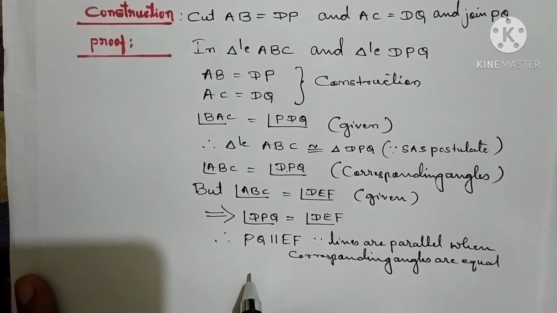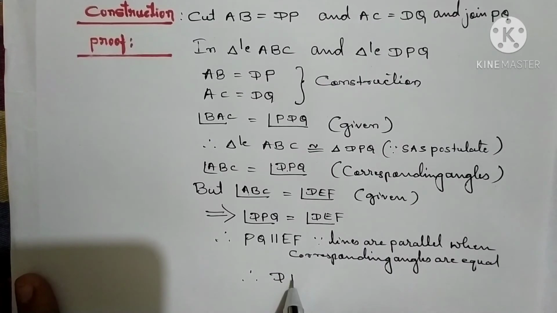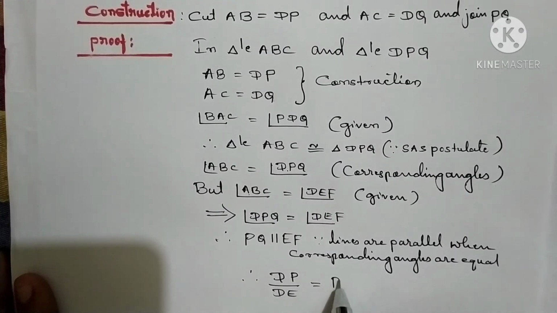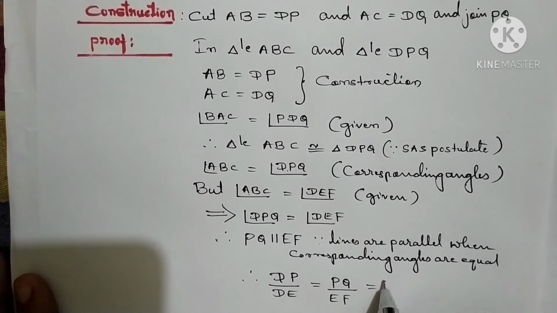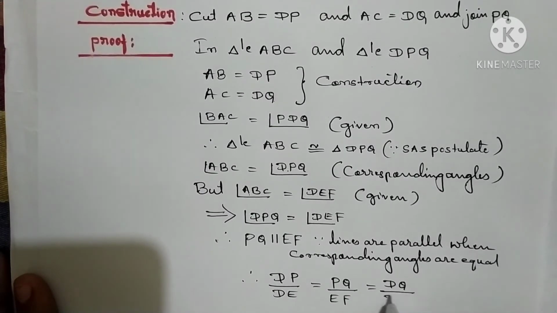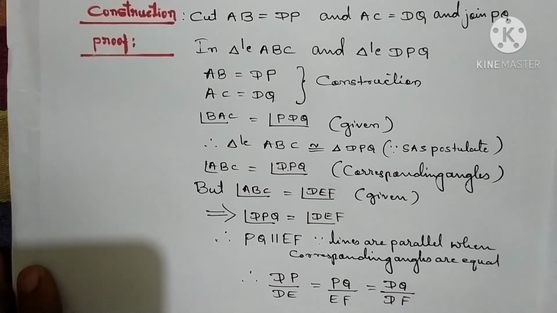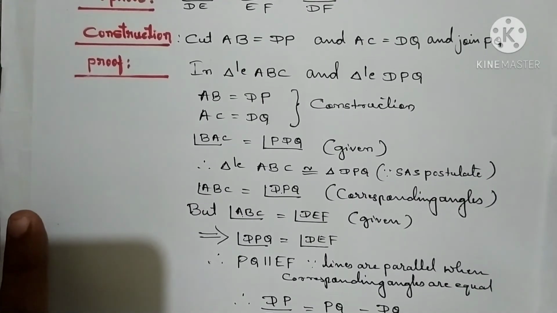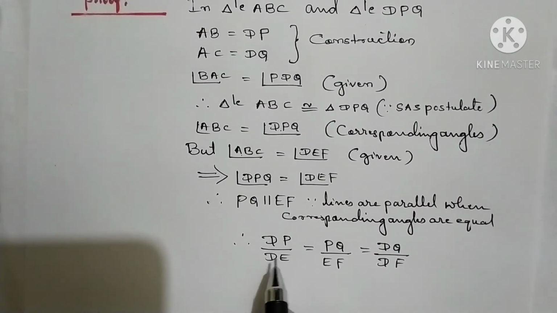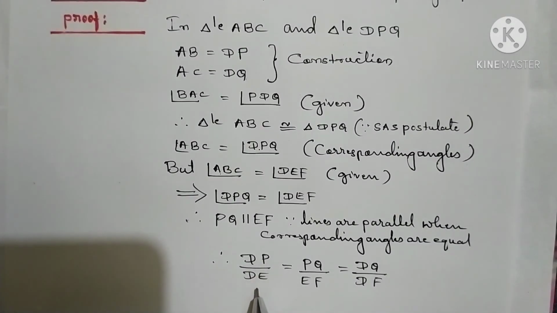So here DP divided by DE is equal to PQ divided by EF is equal to DQ divided by DF.